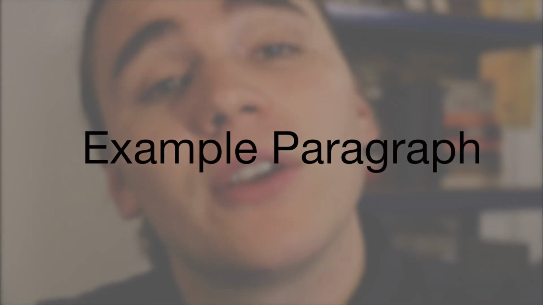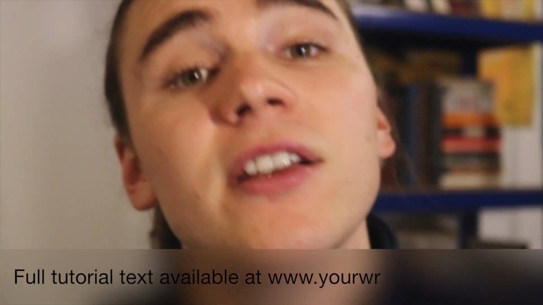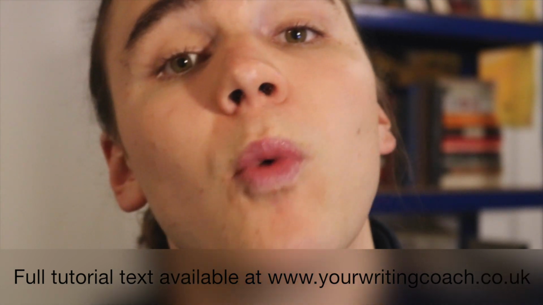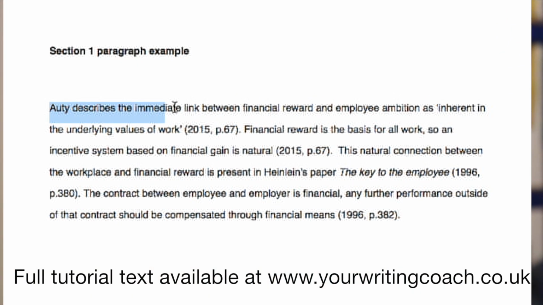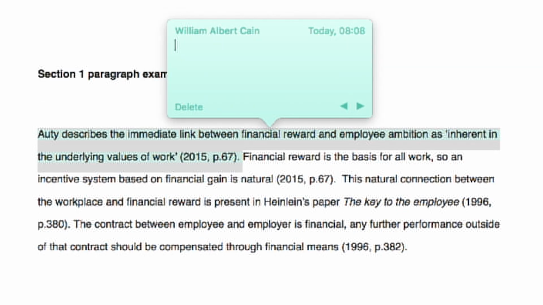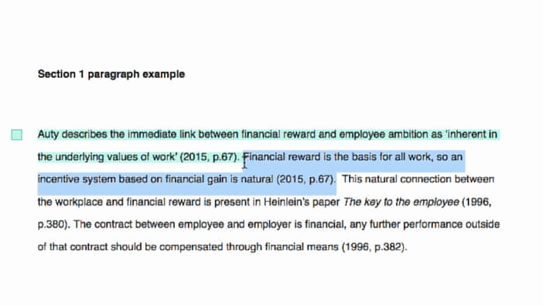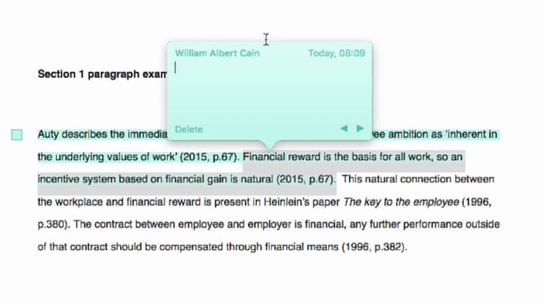Now let's get even closer, go into a text and look at how we structure the writing of a literature review. Take a look at this mock-up version of section 1 of our discussed essay. In the first sentence, an author is introduced. Their idea is then further defined using a paraphrase.